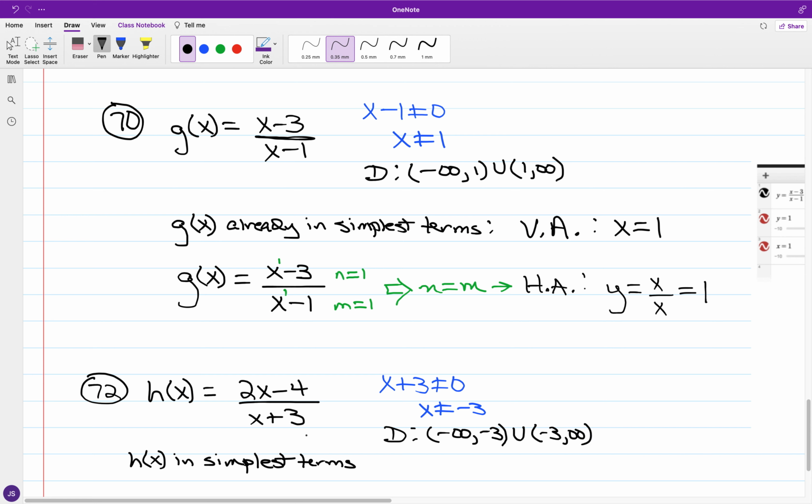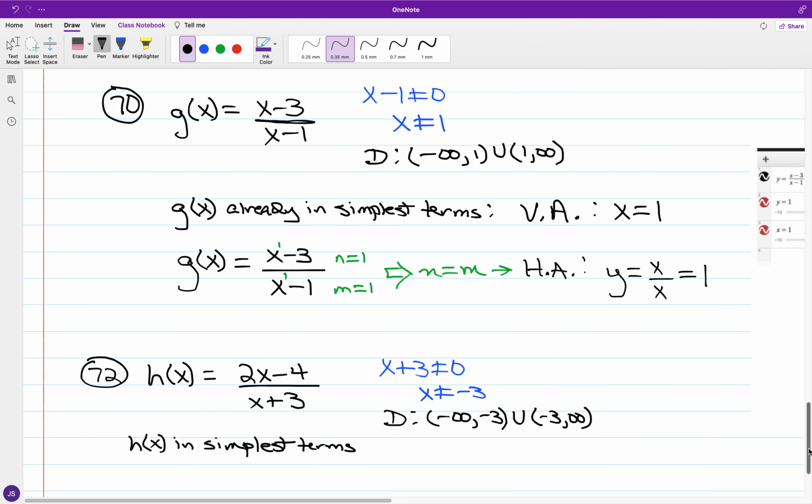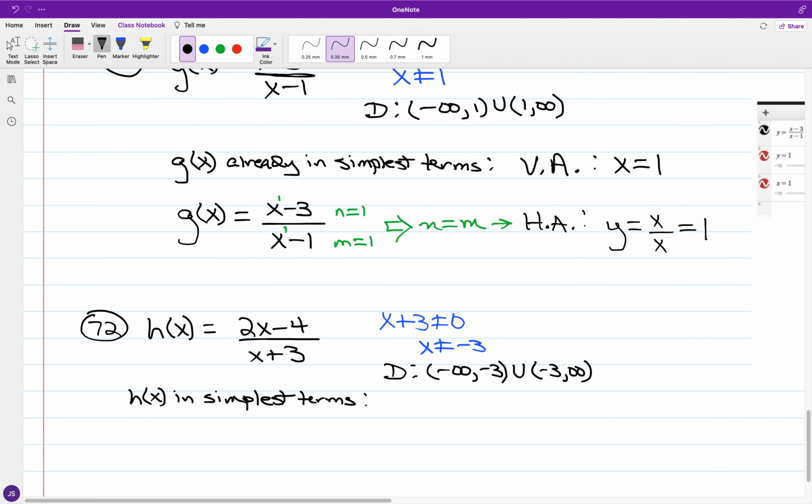And again, since the ratio is in simplest terms, x plus 3 will not cancel out, and so this will signal that x equal to negative 3 is going to be the vertical asymptote.